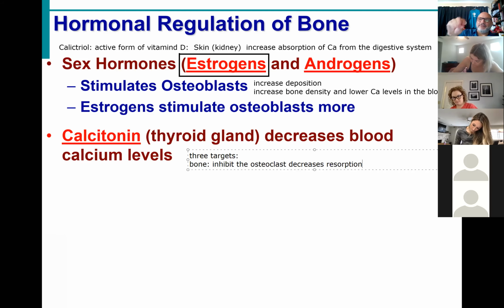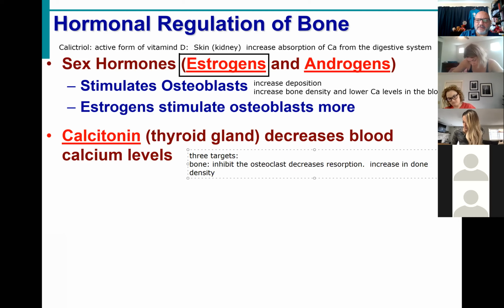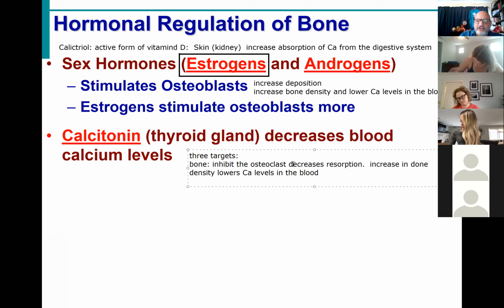Notice we're still making matrix at the same speed we were doing it before, but now we're breaking it down slower. The effect of this is we get an increase in bone density, because now we're putting more bone into the matrix, and it lowers calcium levels in the blood.